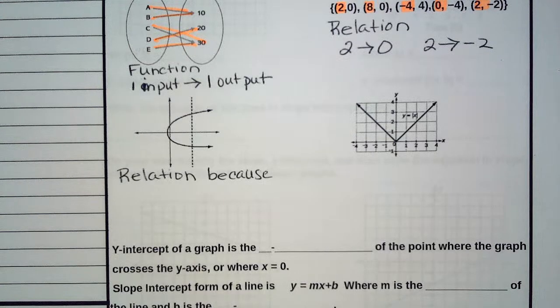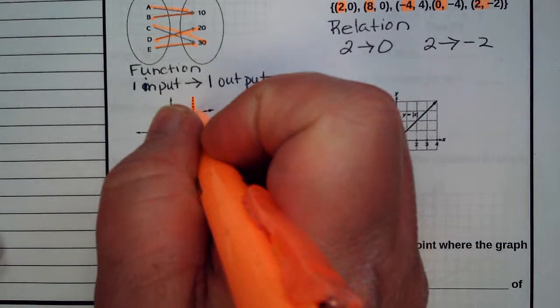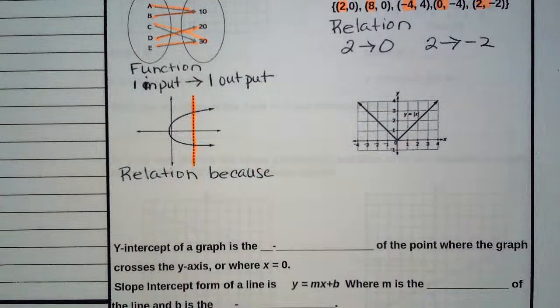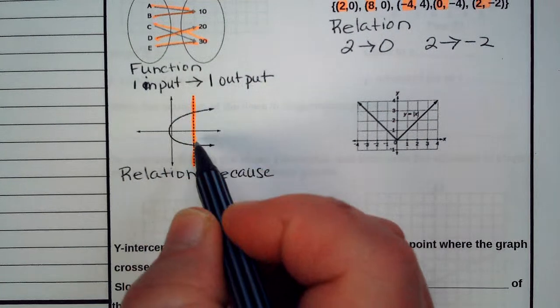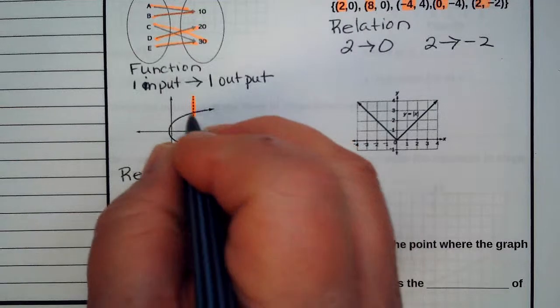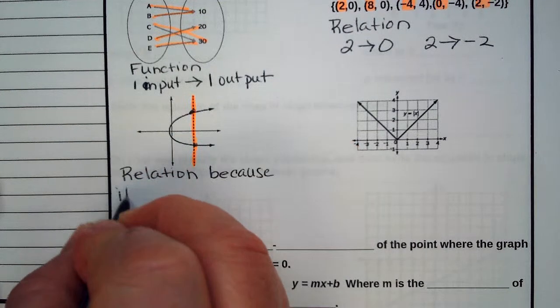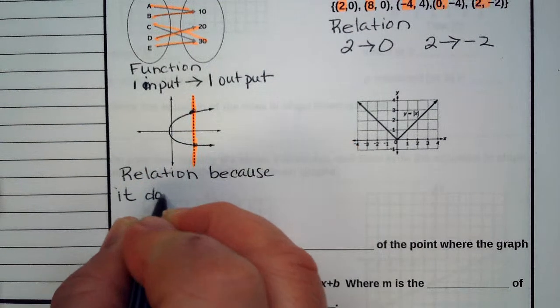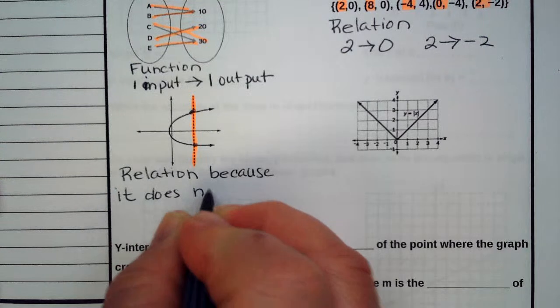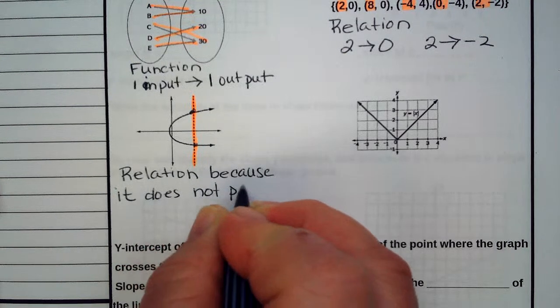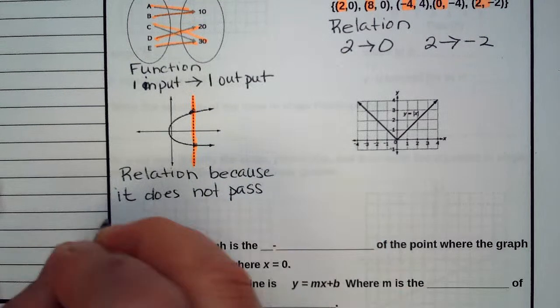We call it the vertical line test. Does it pass the vertical line test? No, because a vertical line intersects it in 2 spots. It does not pass the vertical line test.